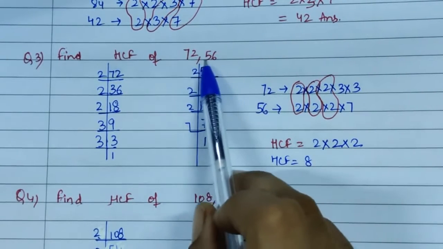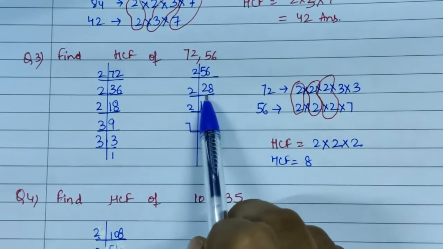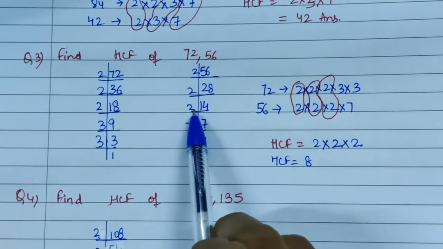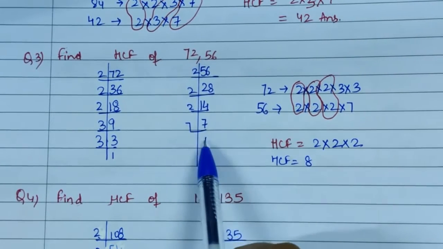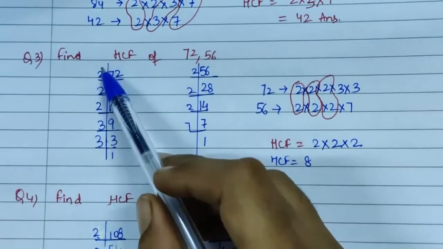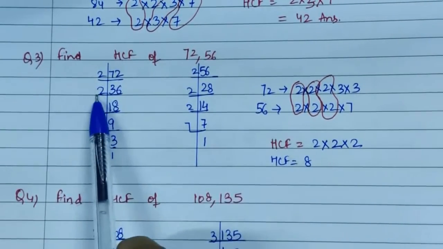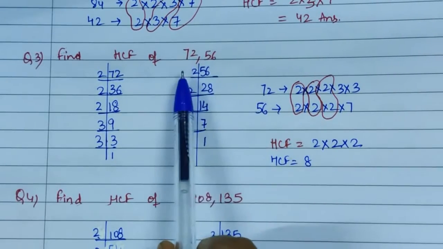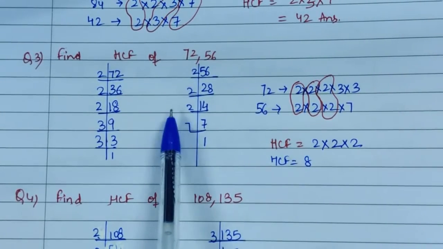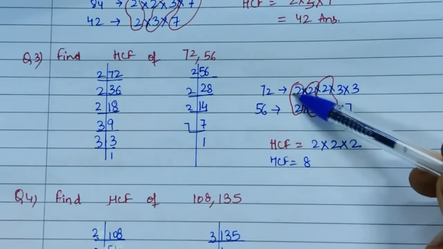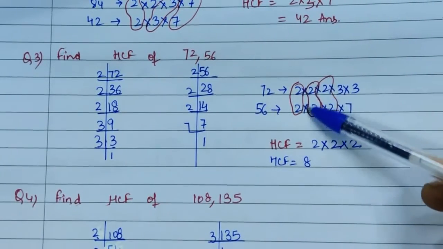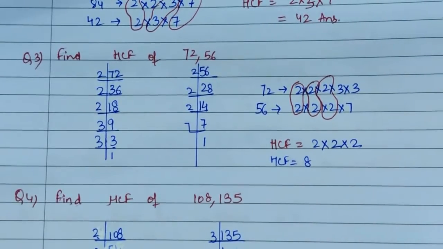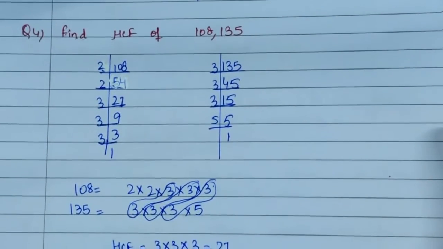Then if you divide 56 by 2, you get 28. 2 into 14 is 28, 2 into 7 is 14, 7 into 1 is 7. Now 72 can be written as 2 into 2 into 2 into 3 into 3. 56 can be written as 2 into 2 into 2 into 7. So the common factors are 2 into 2 into 2. So we get HCF equal to 8.